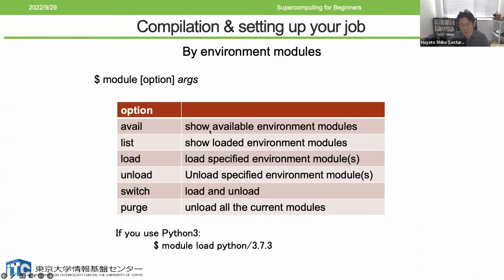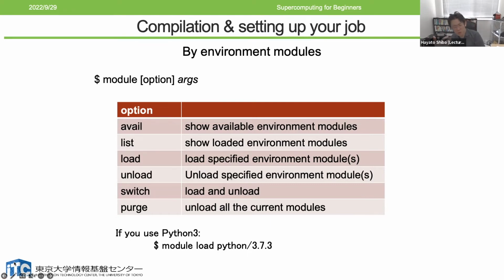These respectively show available environment modules and currently loaded environment modules. The module load and module unload can change the setting of the environment modules. And module purge will erase all the current modules, so that all the modules are unloaded.